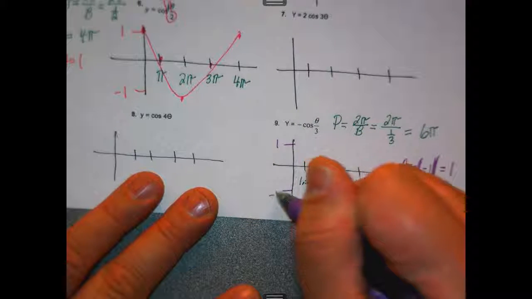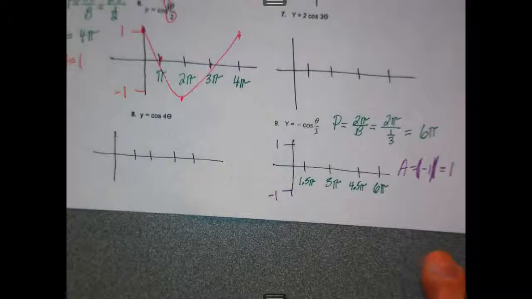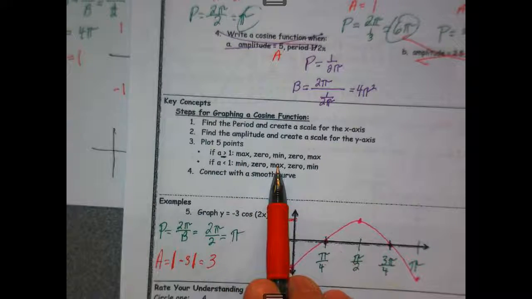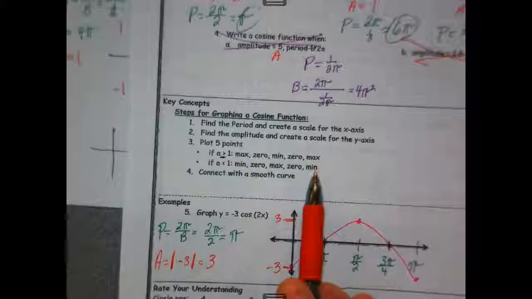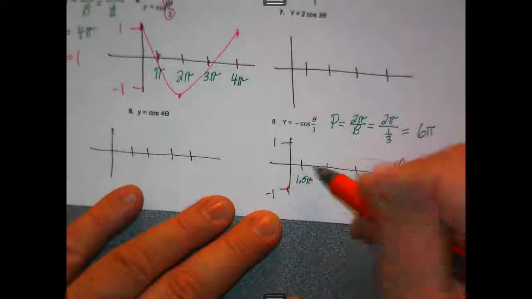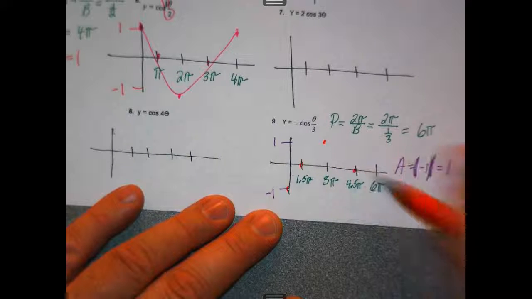My little a is less than 1, so I'm going to start at min, go to 0, max, 0, min.